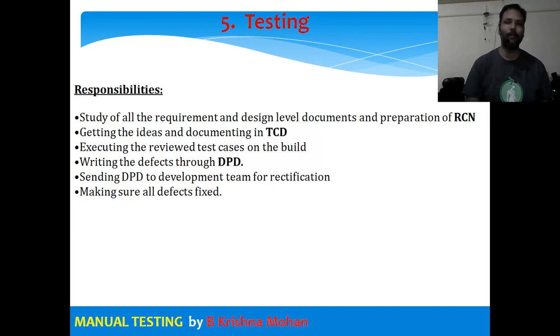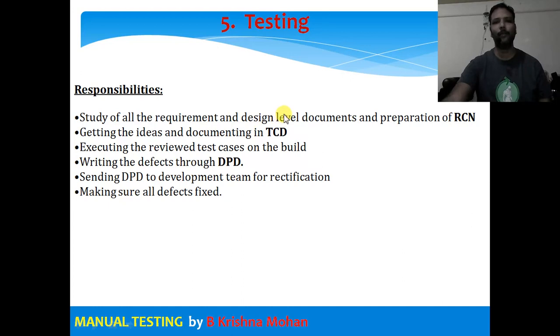Then the developers will fix those defects and send the new build to us. Then we will check whether the defects are fixed or not. That process will continue until all the defects are fixed. So what are the responsibilities here?